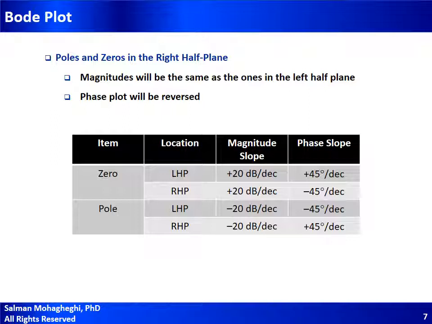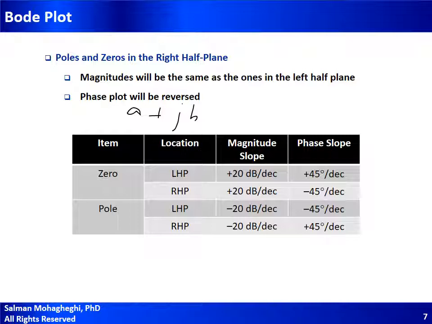Now, so far we've been talking about zeros and poles that lie on the left side of the j omega axis. What if we have poles or zeros in the right half plane? That actually can be analyzed based on what we know about zeros and poles on the left half plane. Imagine I have a pole or zero in the left half plane, which would be a plus jb, for example.